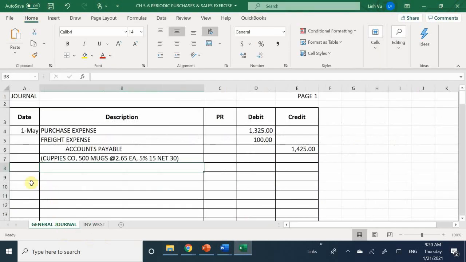So here on May 5th, is that the first thing that we're going to recognize, the first account we're going to look at, purchase returns and allowances? No. What's actually going to come first?